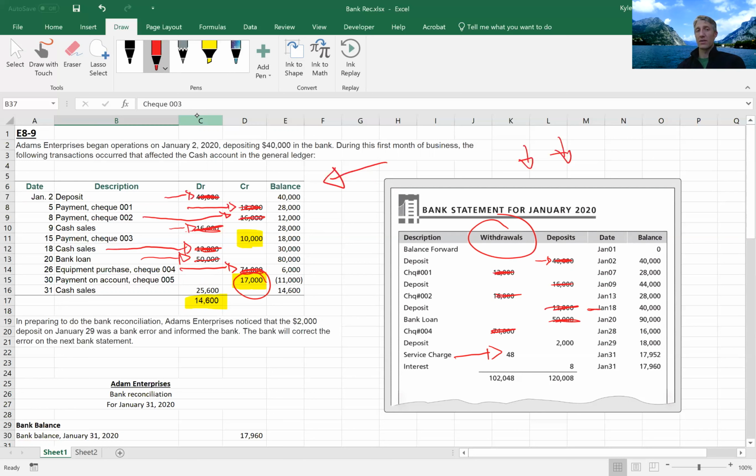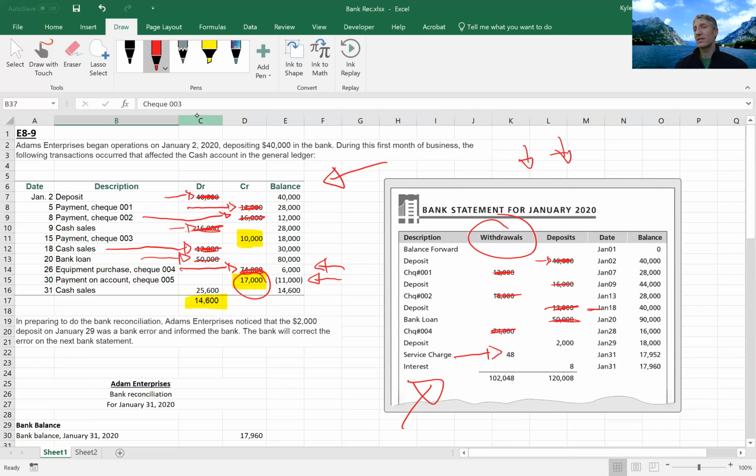So the book balance went down immediately, and you can see the day before on the 26th, there was 6,000 cash. Then they wrote a check for 17,000, which gave the general ledger a negative $11,000 balance on that day. So the book balance already reflects the deduction in cash. The bank balance doesn't because we don't see it here.